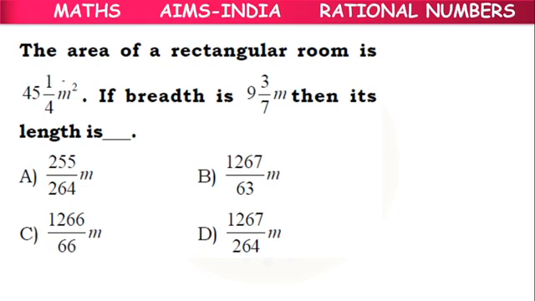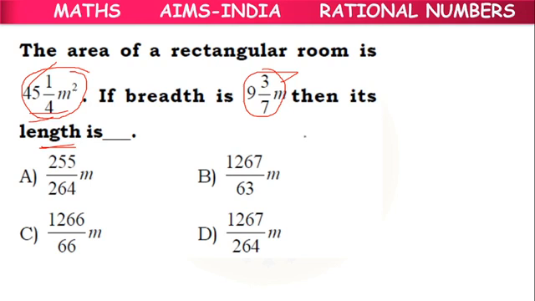Okay. Next one. The area of a rectangular room is this much. Its breadth is this one. Then what is its length? Length we have to find. They have given the area and the breadth of the rectangular room, both in the form of mixed fractions.